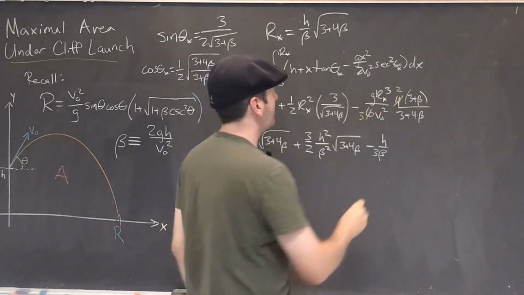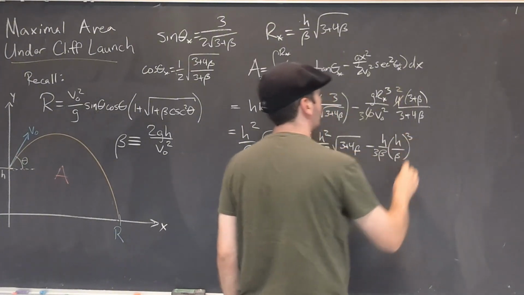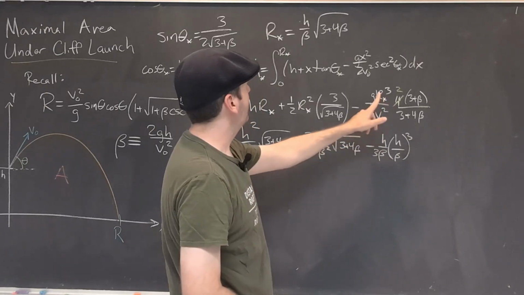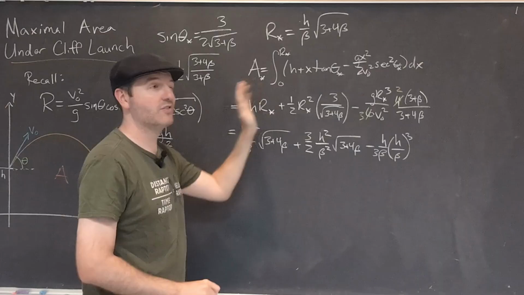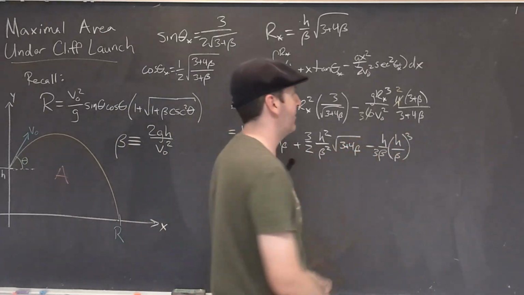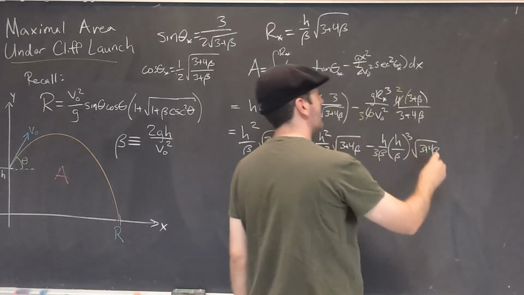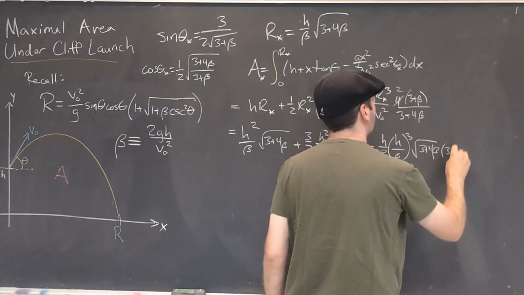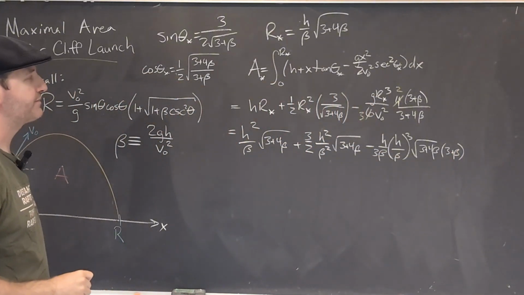The r star cubed will have another h over beta cubed. We have a 3 plus 4 beta, which is raised to the 3/2 power. It's canceled down to a 1/2 power by this. And then there's a leftover 3 plus beta hanging off the end from that secant squared.